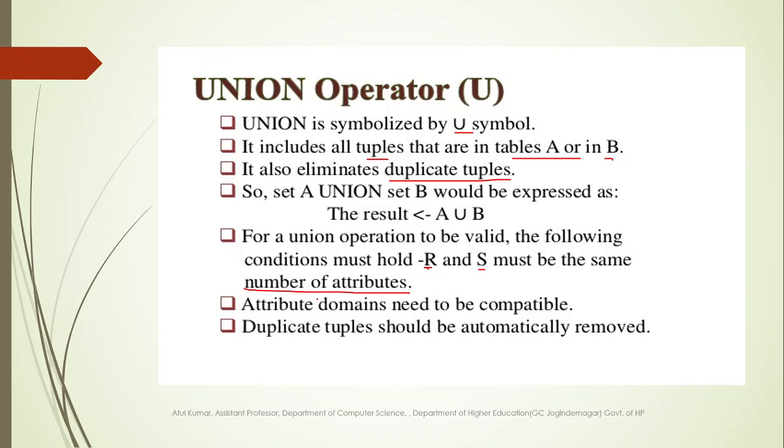That attribute contains a date, so the domain of that attribute must be compatible with the corresponding attribute in the other relation. The next property is that duplicate rows or tuples should be automatically removed when we apply a union operation on two relations.